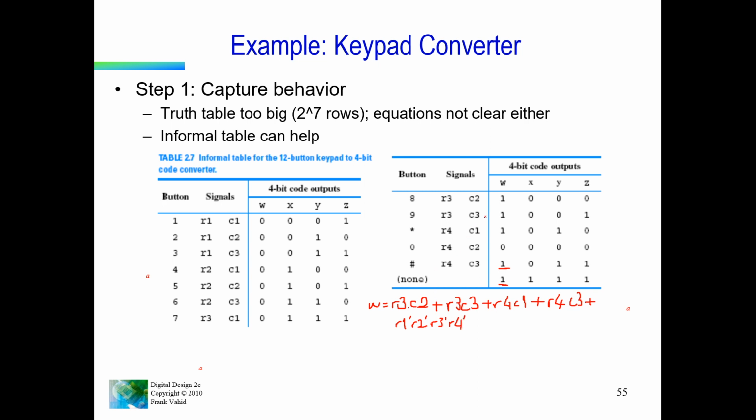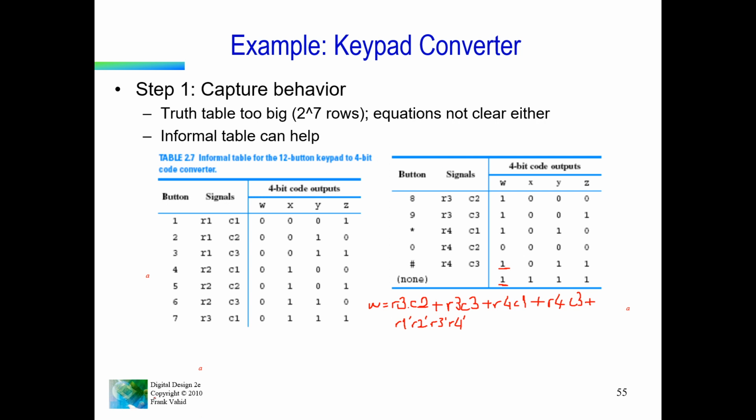Actually, I know that also C1, C2 and C3 must be 0. But if all rows result in a 0, this is enough to conclude that none of the buttons are pressed.